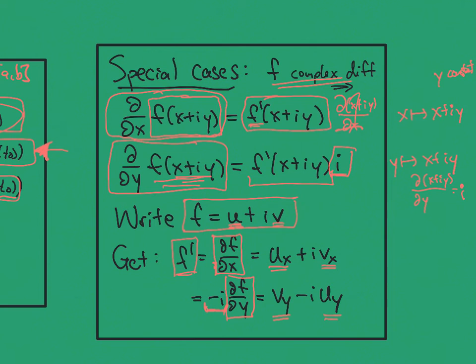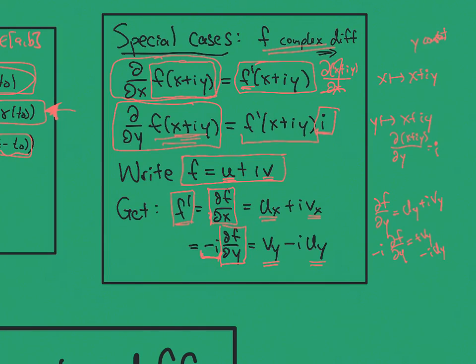So df dy would really be uy plus i vy, and we've multiplied it by minus i to get vy minus i uy.